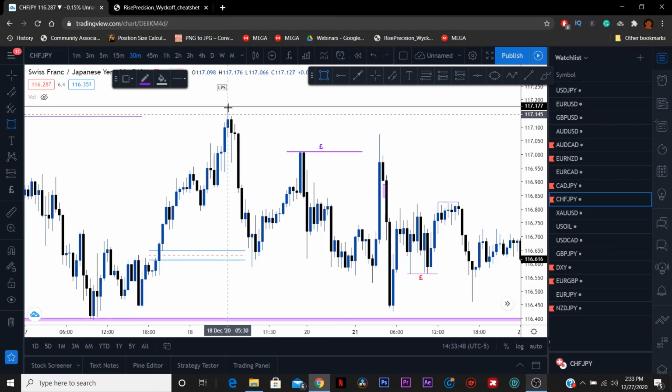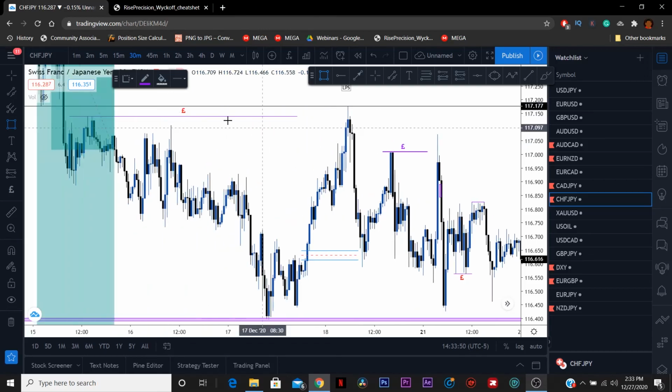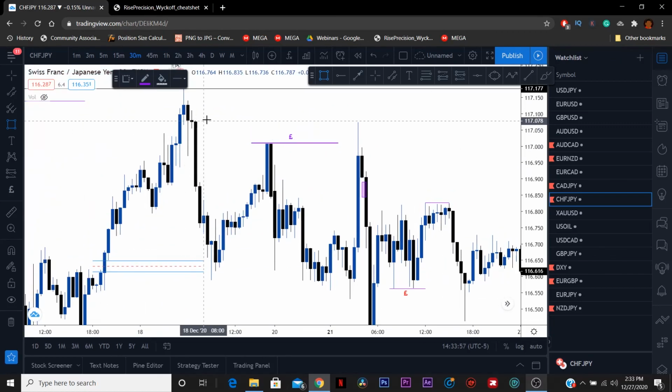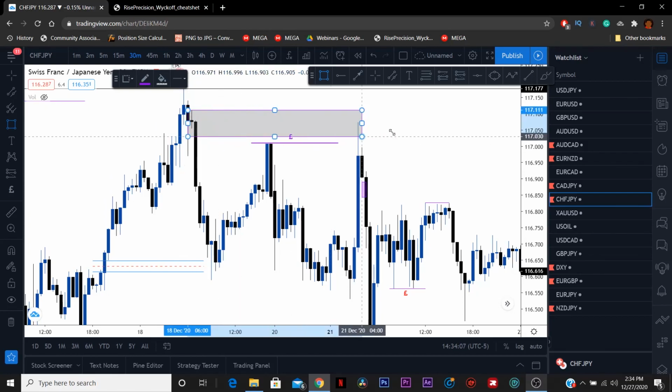This candle is our initial candle that filled the imbalance over here and mitigated our breaker. But we had this candle right here, which came inside of this other candle. So this now would be your point of interest here.